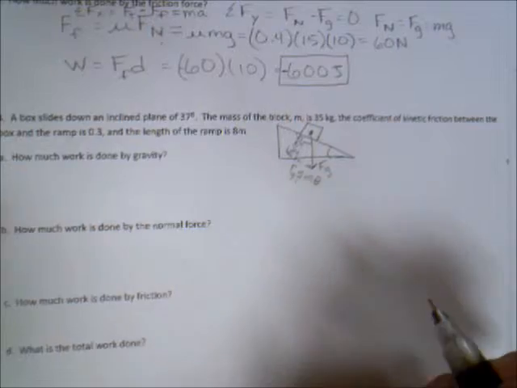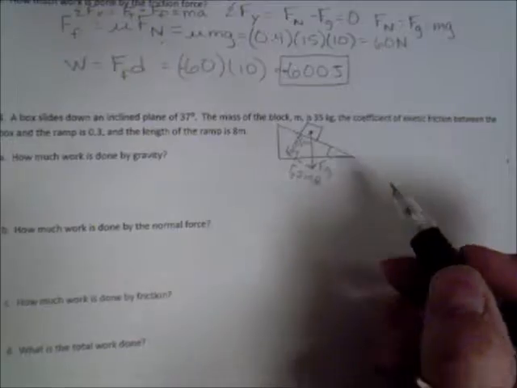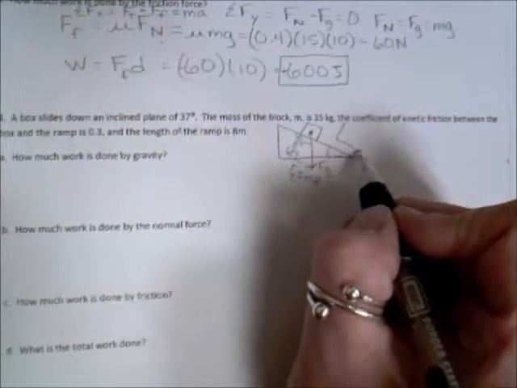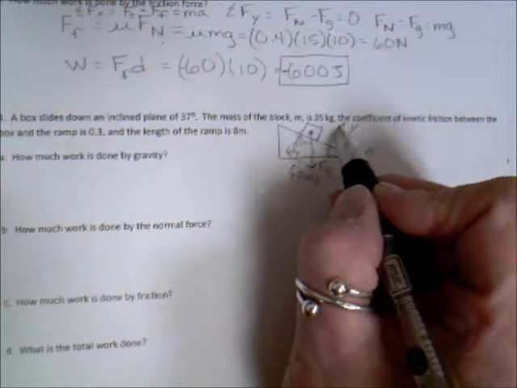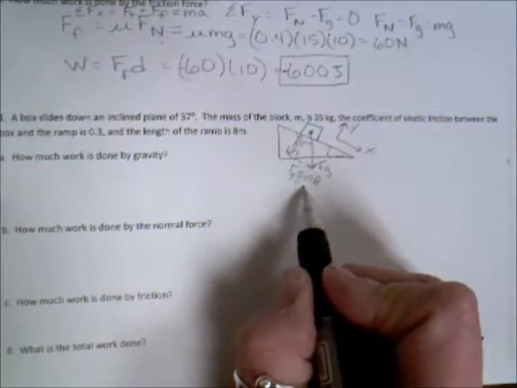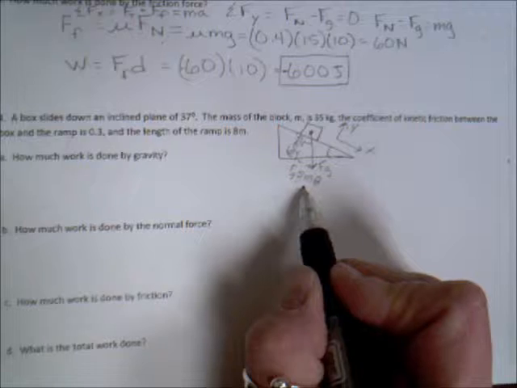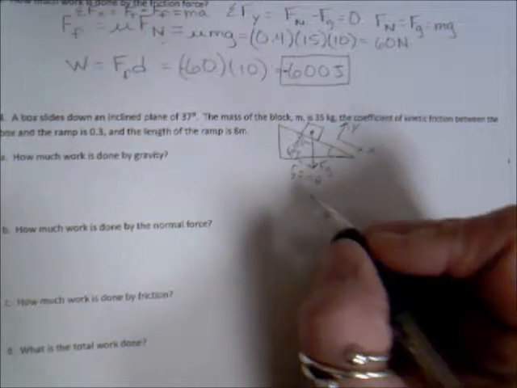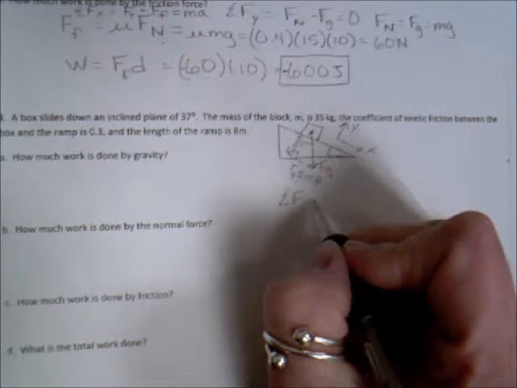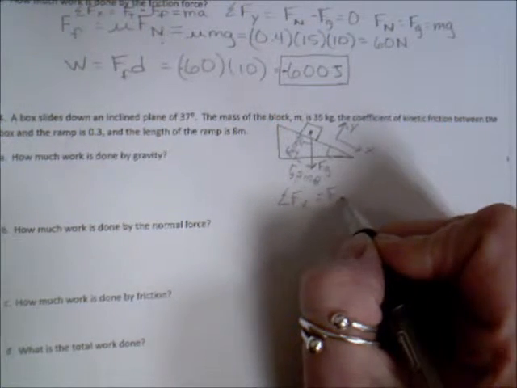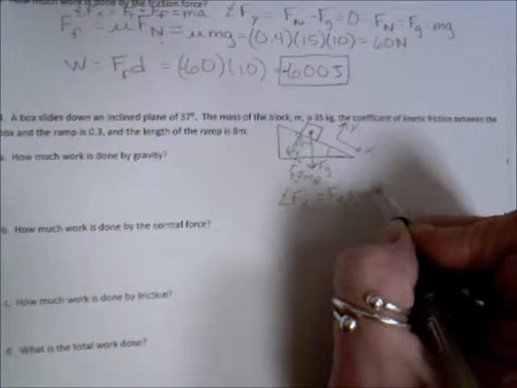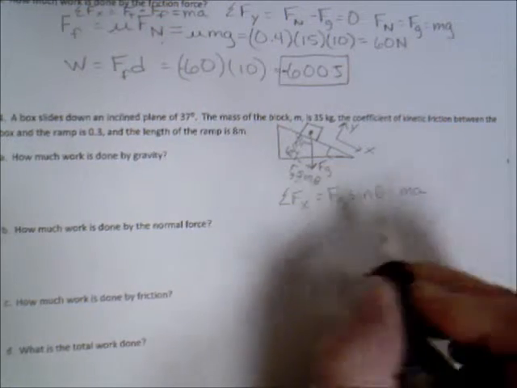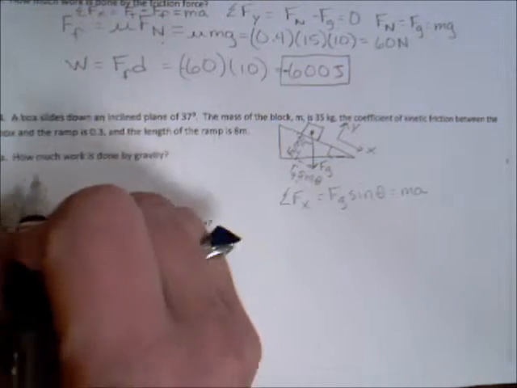So for this box to come down this ramp, in the x direction, we are going to be looking at the FG sine theta for our force. So if we look at the sum of the forces in the x direction, we have FG sine theta equal to MA. So that is our force right there.